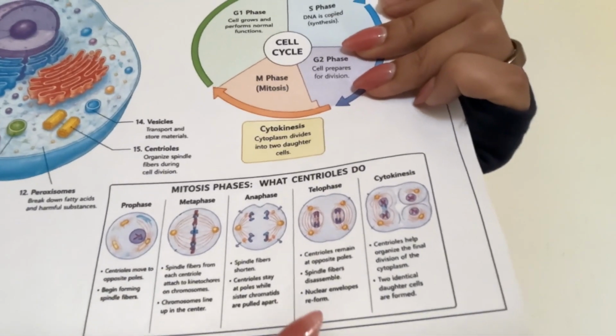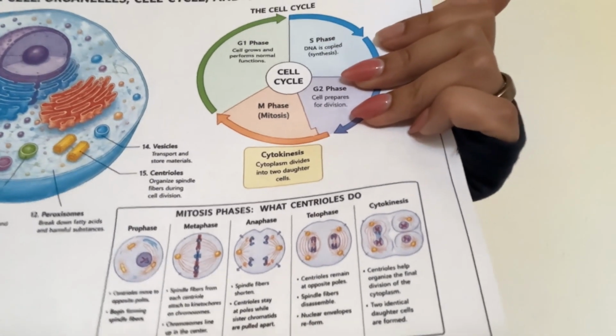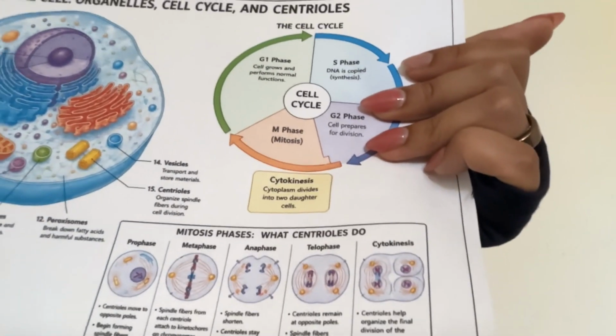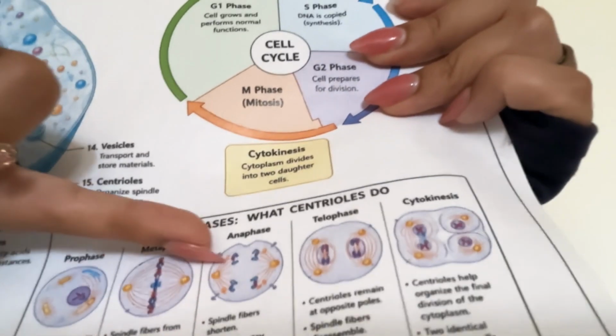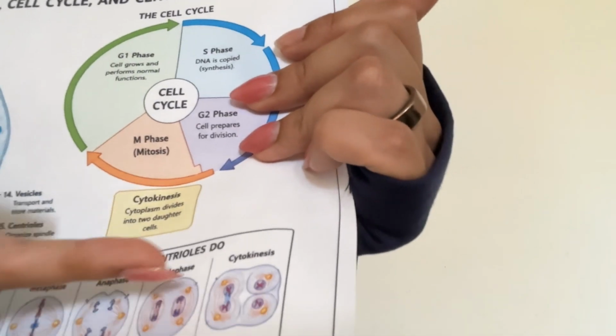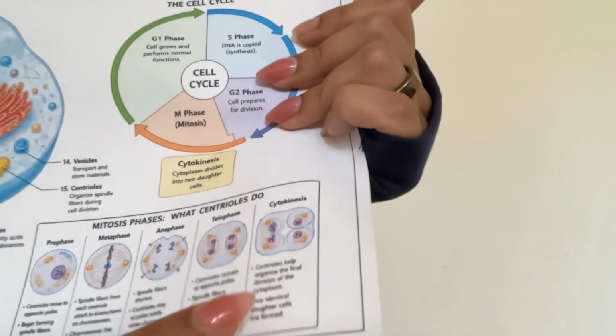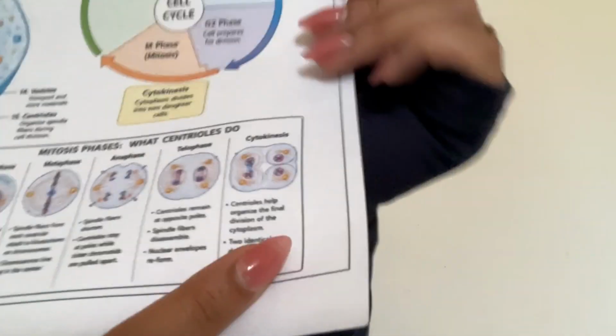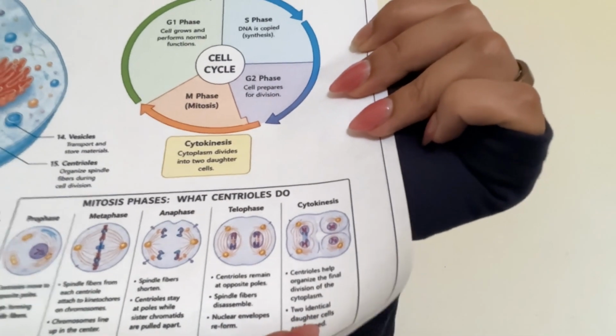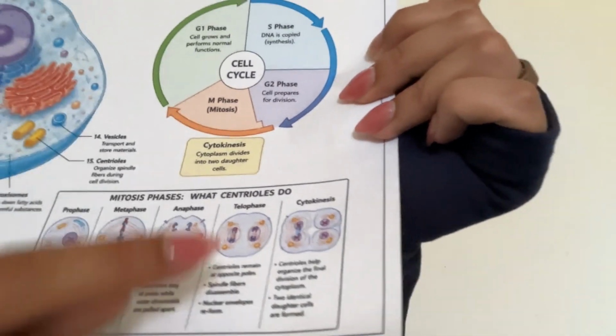In the telophase, the spiral fibers disappear as two new nuclei form. As you can see, they are no longer apart from each other, they are forming new nuclei. And in the cytokinesis, there are already two identical daughter cells.